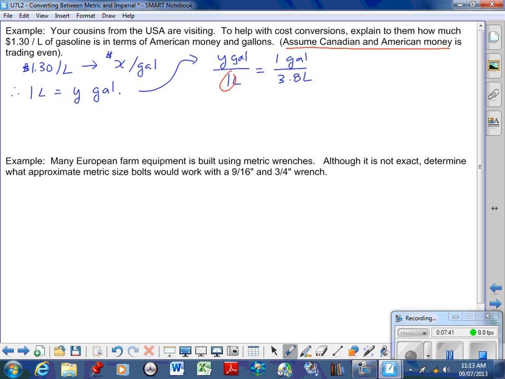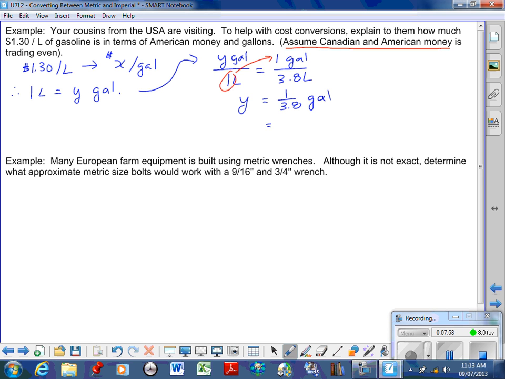Do the cross multiply, but it's a 1, so it's really not going to change anything. So we end up with Y gallons is equal to 1 divided by 3.8. You don't have to have that gallons there, because I said we can drop the unit notation here.